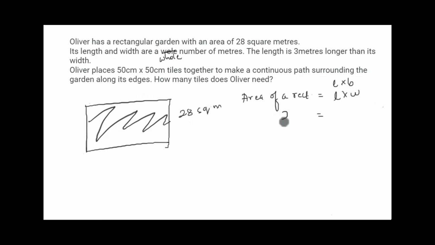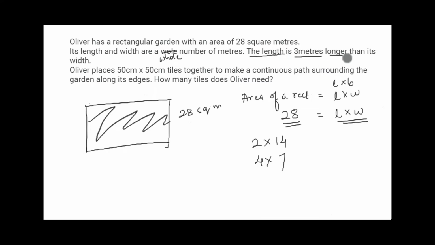Here the area is given as 28 square meters and we need to find the length and width. Now for 28 we can have different combinations, like 2 times 14 gives us 28, 4 times 7 gives us 28, right? Here we have a hint.